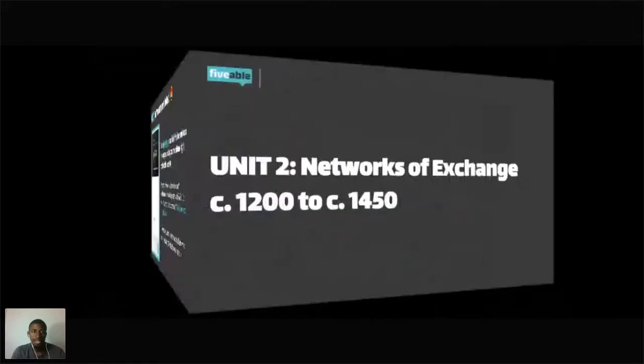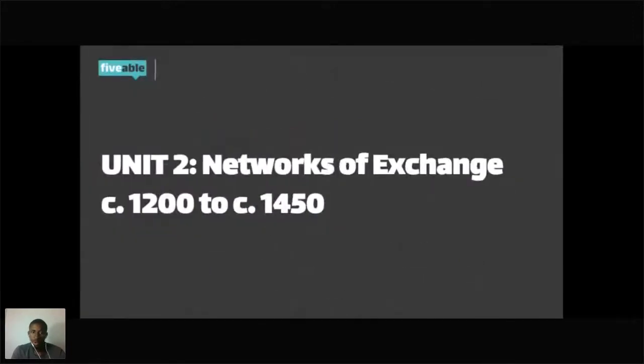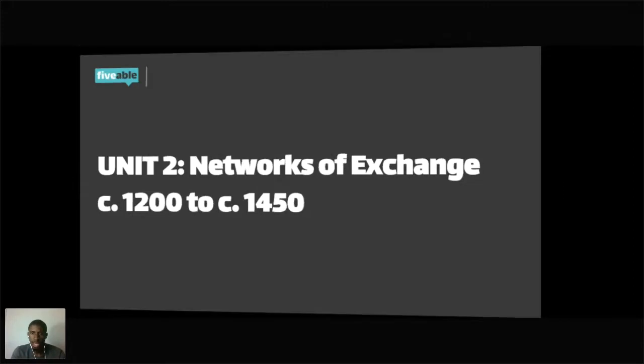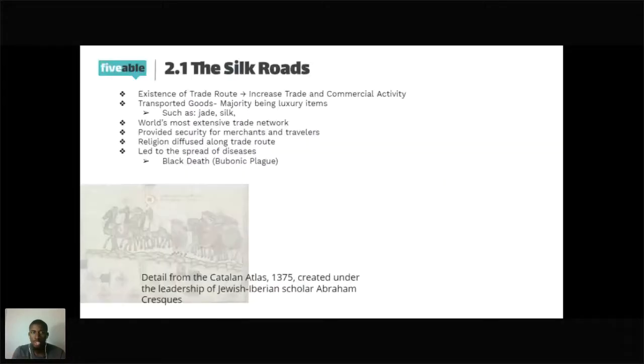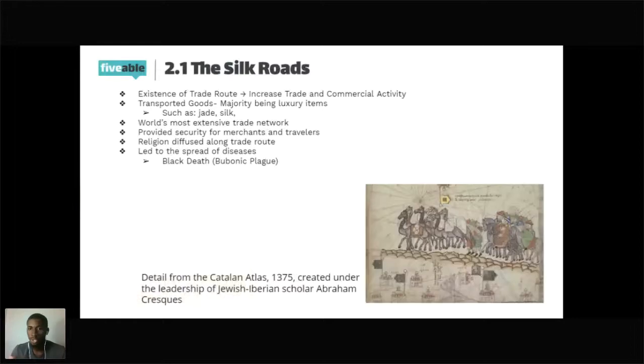So let's begin. Unit 2, Networks of Exchange, in the time era 1200 to 1450. Beginning in this time era, we have the Silk Roads, which are very important when it comes to trade.